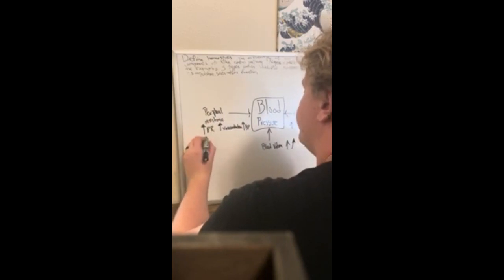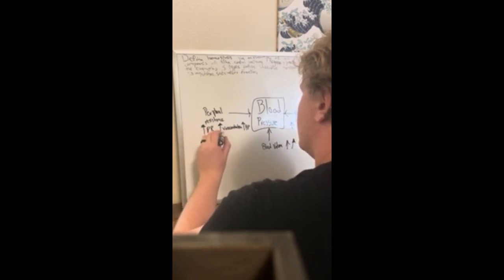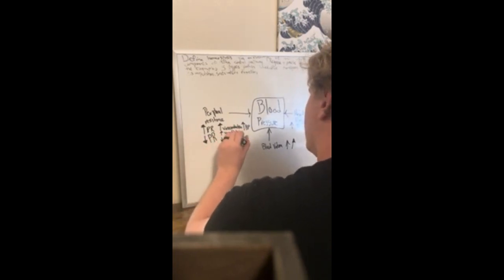The opposite, if we were to decrease peripheral resistance, then we would increase vasodilation, decrease vasoconstriction, and decrease blood pressure.